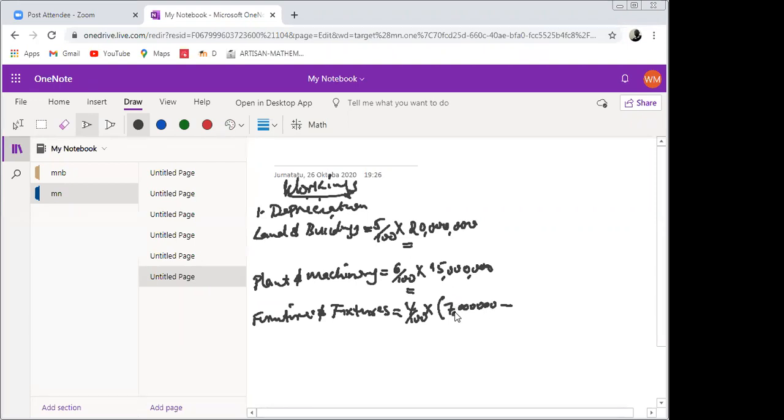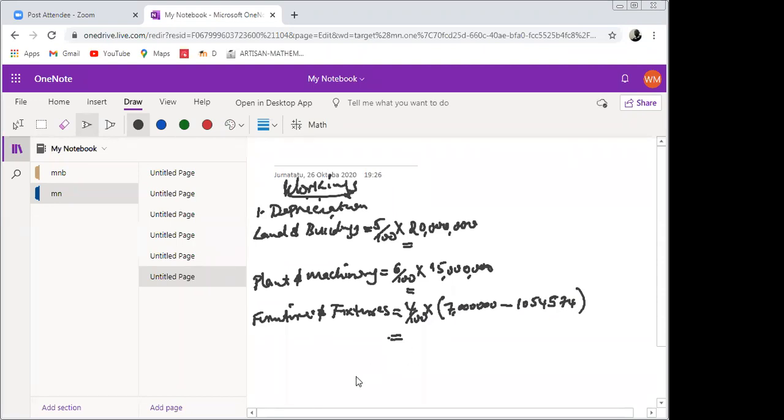The cost of these furnitures was 7 million, but as at the beginning of this financial year, already they had lost 1,054,574. So you minus the accumulated depreciation so that you can get the net book value. Now you can multiply the net book value by the depreciation percentage, so that we can calculate all the depreciation.